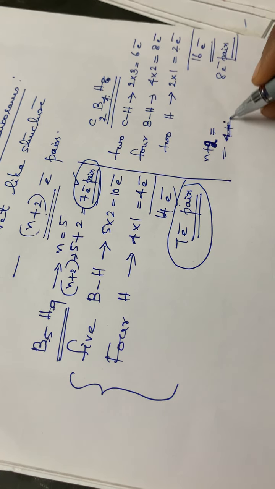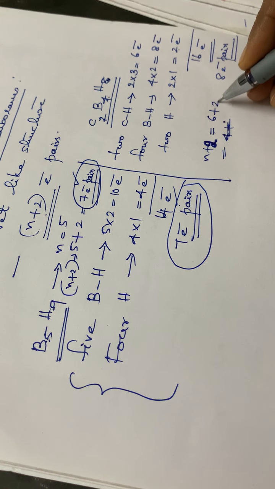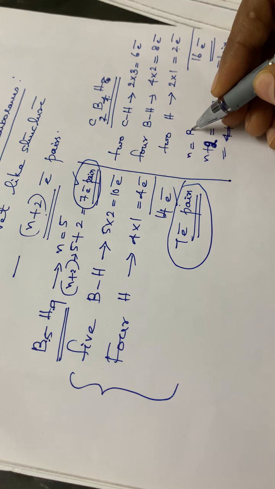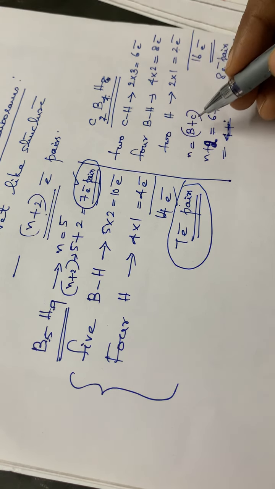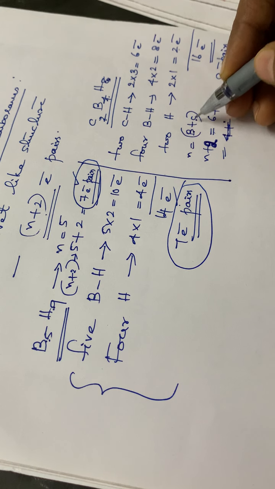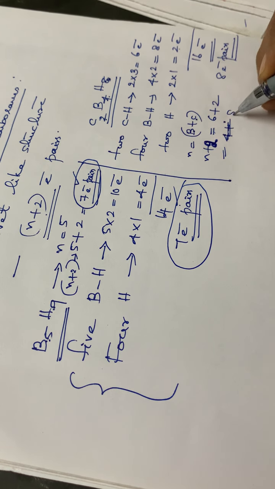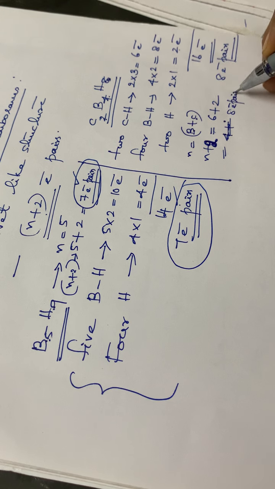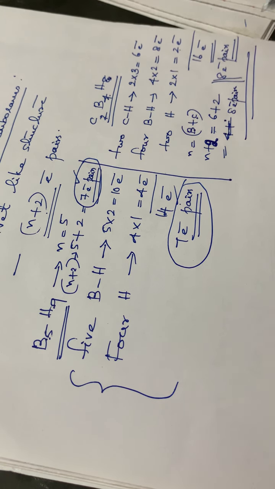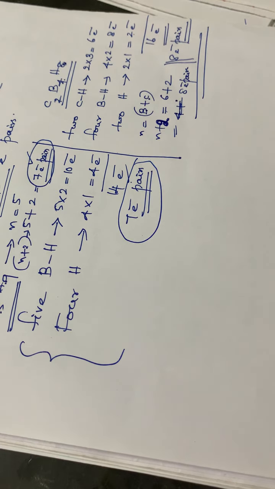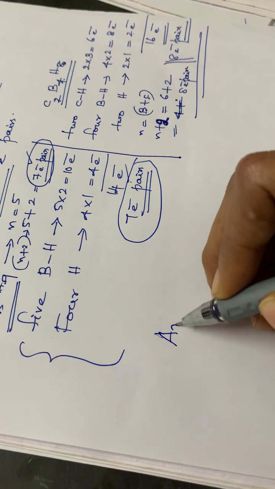Number of boron 4 plus number of carbon 2, so 4 plus 2, 6, 6 plus 2, 8 electron pairs. So we have obtained the same, isn't it? Then the next is the case of arachnoboranes.